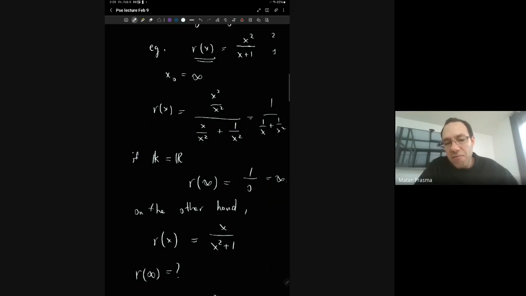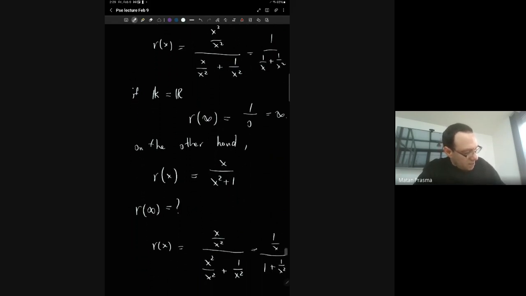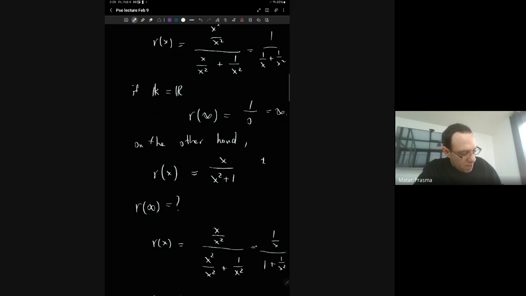So if the degree of the numerator is bigger than the degree of the denominator, then I would want to say that at infinity this rational function is infinity. The second case is the opposite: a degree 1 polynomial divided by a degree 2 polynomial. When I evaluate it at infinity, it will be 0, because the degree 2 polynomial tends to infinity faster than the degree 1 polynomial.